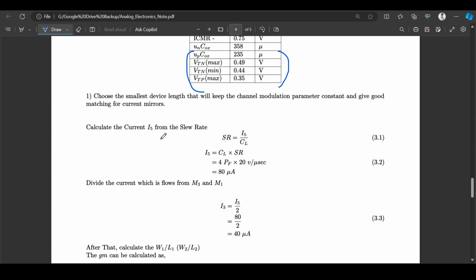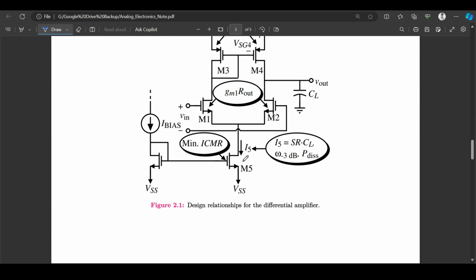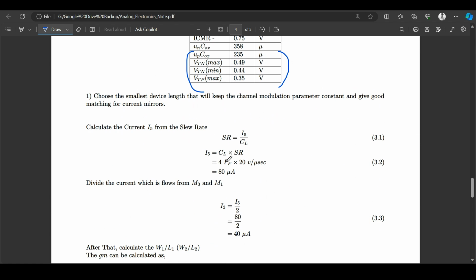So our first step is to calculate the current which basically flows through the M5 transistor, this tail current. We are going to calculate it from the load capacitor and the slew rate. Our load capacitor is 4 picofarad and our slew rate is 20 volt per microsecond, so our estimated current will be 80 microampere.